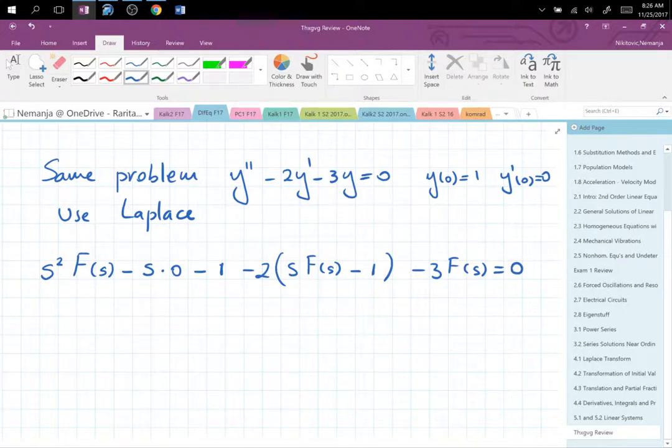So now, s squared F of s minus s times y, not y prime. No, it didn't go prime. You see what I'm talking about, right? Yeah, you want to put 1 here and 0 there.